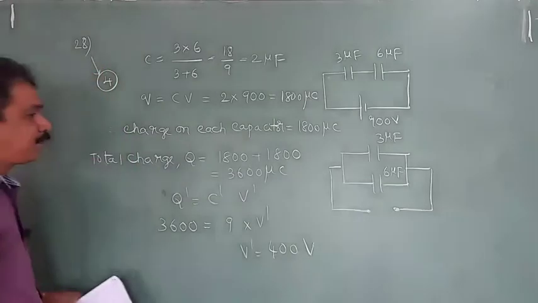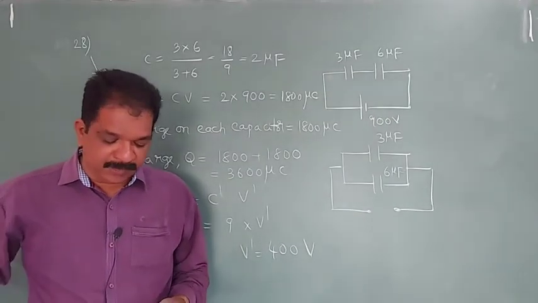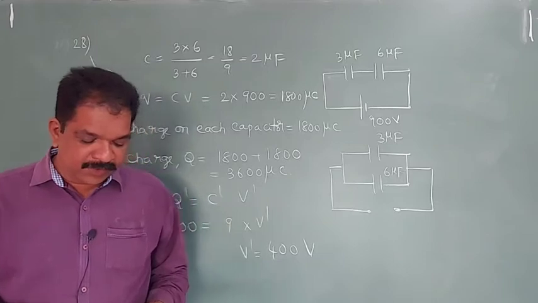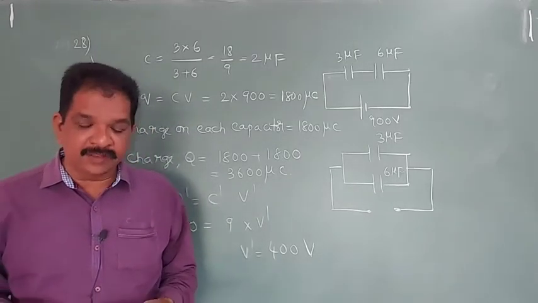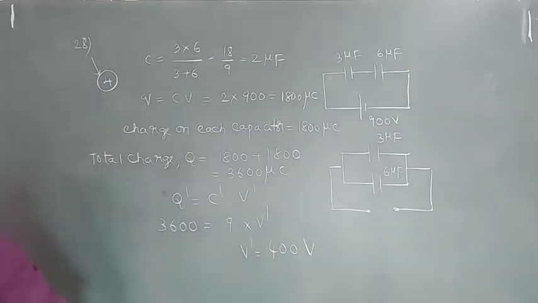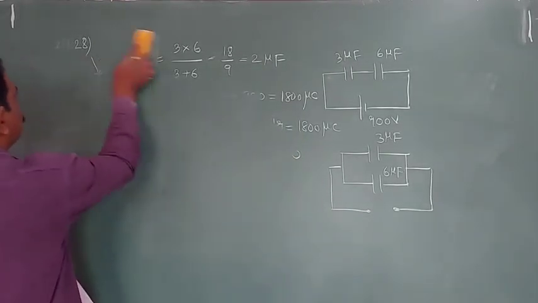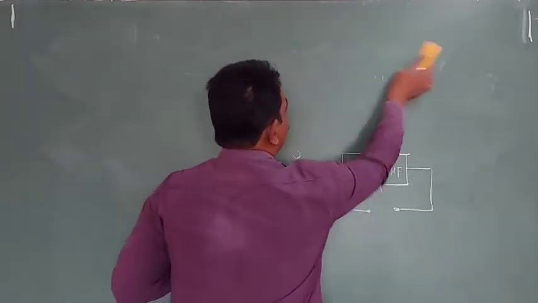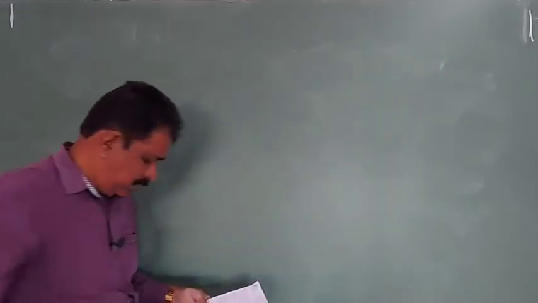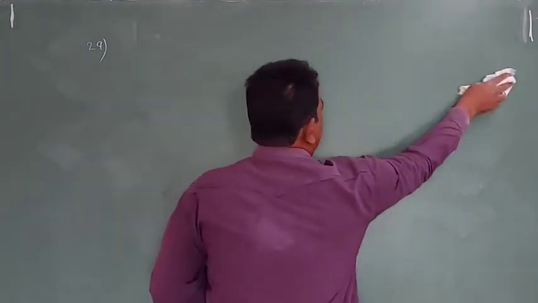Next 29. Two metal plates are separated by 2 centimeter. The potential of the plates are minus 10 and 30 volt. The electric field between the two plates is how much? So, what is the question they are asking? Two metal plates are there.